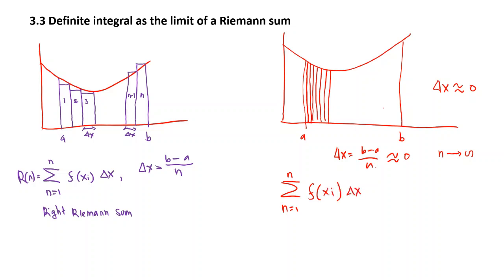We can include the limit as n approaches infinity, and this expression is actually similar to the definite integral from a to b of f(x) dx. In this case, dx is infinitesimally small, very small.